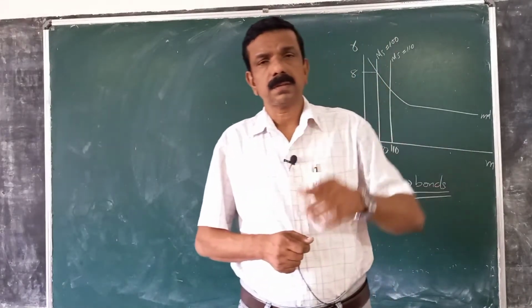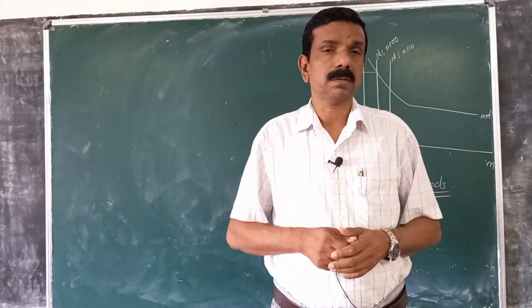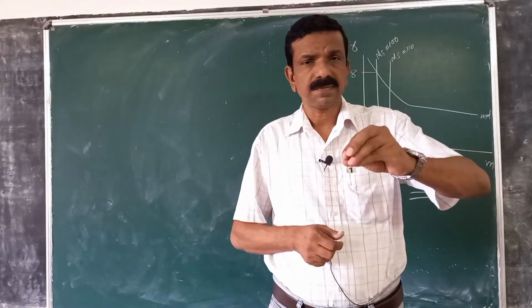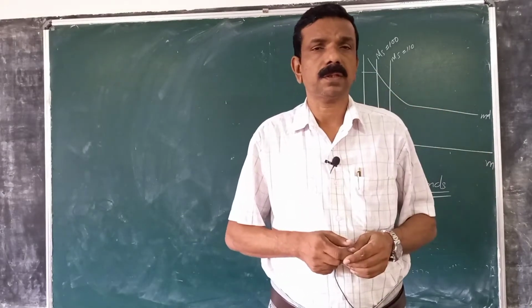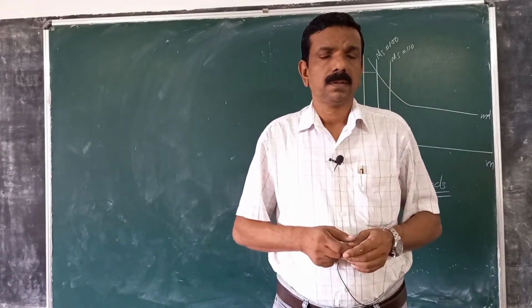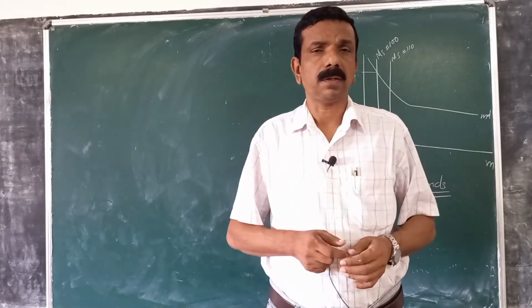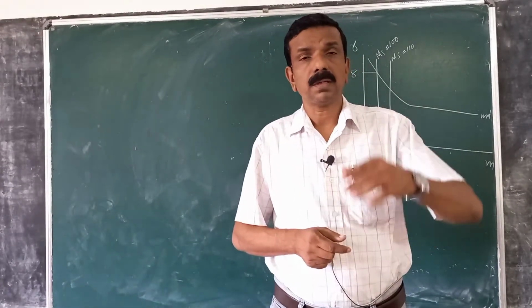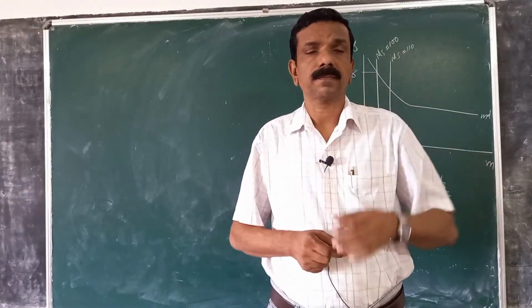But remember this, central bank will be able to purchase bonds if and only if the central bank offers a high price for the bond. So if the central bank is ready to offer a high price for the bond, bond holders will be willing to substitute bond for money.